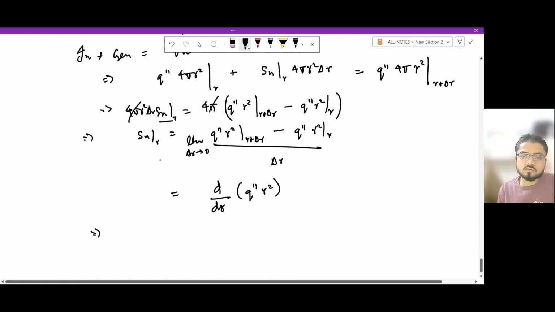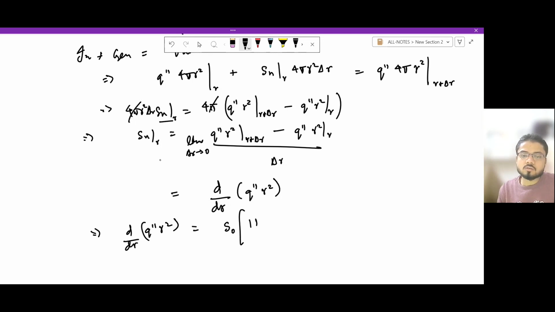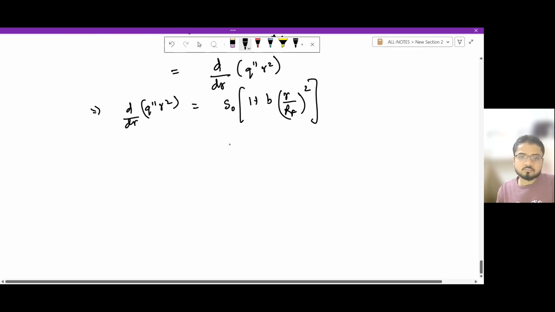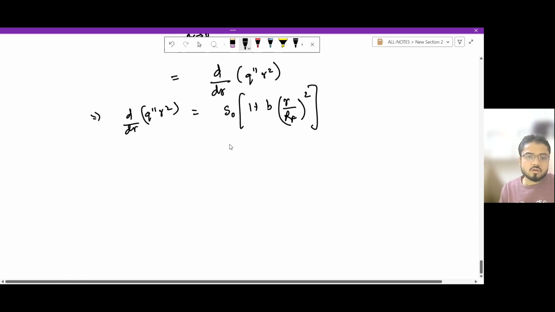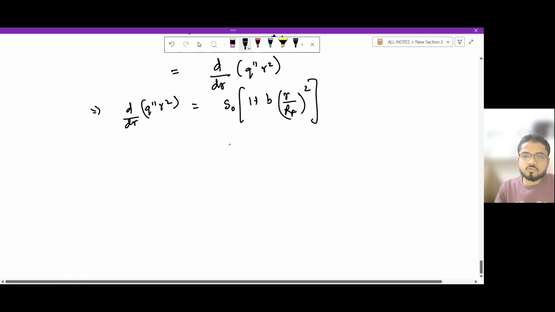Now, once you know this, you could always write q double prime r squared, d by dr, would be equal to S naught times 1 plus b times r over r F, squared. All right. And this would be responsible for T F.